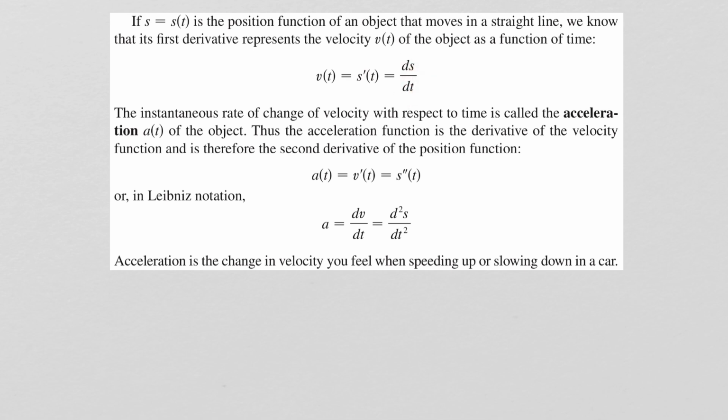The instantaneous rate of change of velocity with respect to time is called acceleration, a of t. Therefore, the acceleration function is just the derivative of the velocity function, or the second derivative of the position function. Or in Leibniz notation, acceleration is dv dt, or d squared s dt squared.